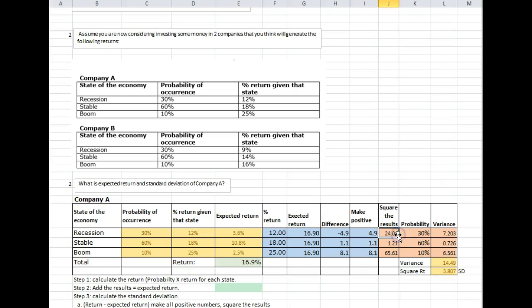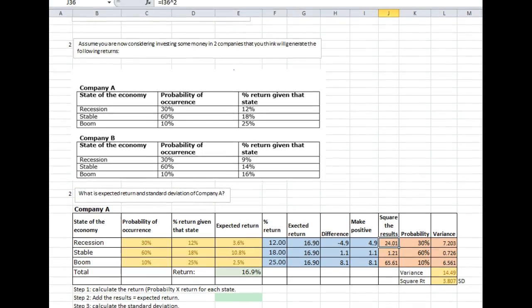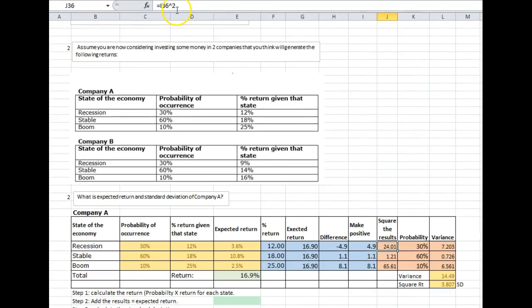If you'll notice, I can slide that up a little bit. You'll notice the formula in there is this cell to the second power. Once you get that done, you multiply it again by the probability so that you can find out the share of variance of each one of these states.